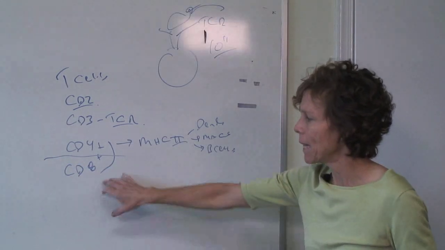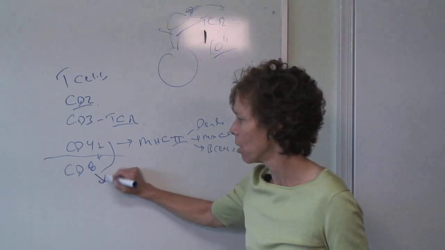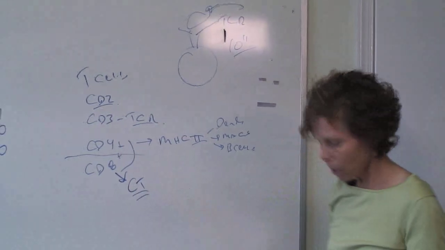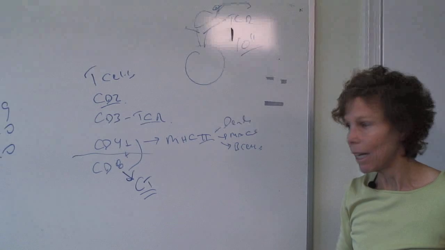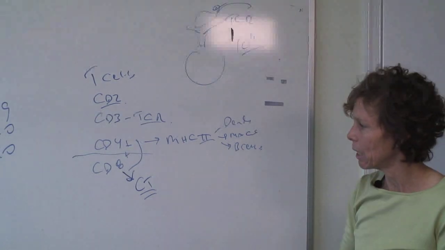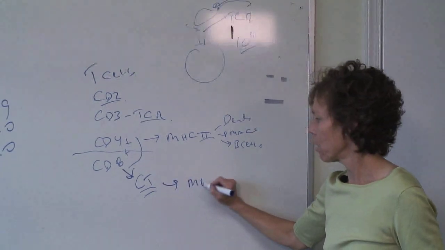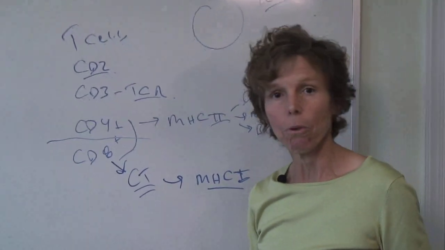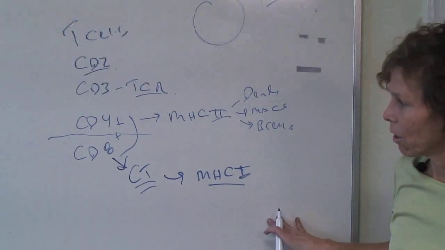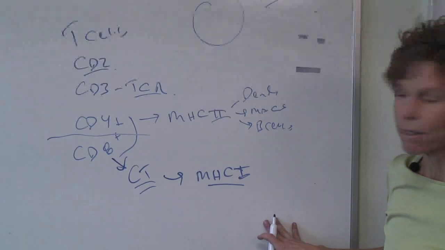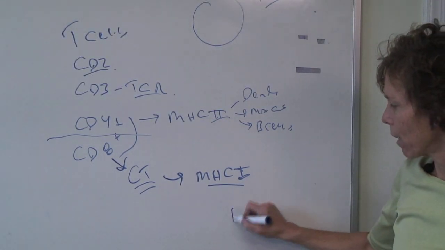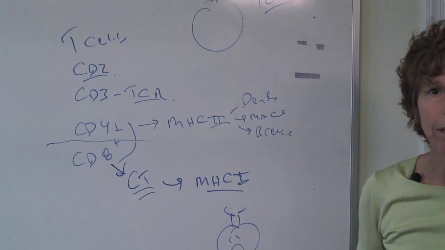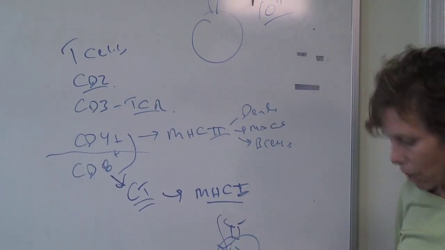All right, and then there's CD8 positive cells. These are your cytotoxic T cells, which we've talked about already, and those are going to be activated based on MHC class I. They come out there, they're smart, and they see antigen presented in the pocket of an MHC class I molecule on a poor cell that's been infected, and then they're going to kill that cell dead.